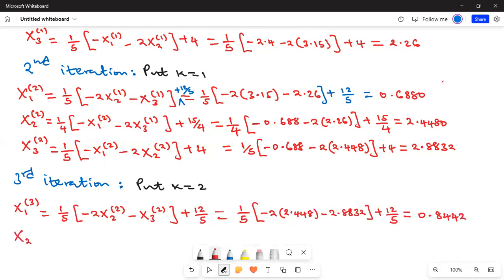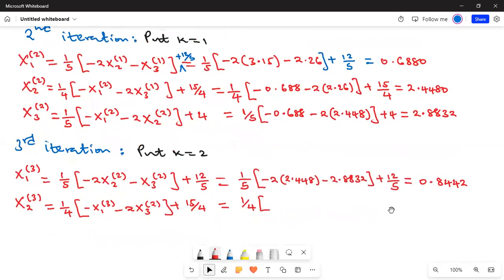Equation 2, x2 at level 3, that is 1 over 4 times negative x1 at level 3 minus 2x3 at level 2 plus 15 over 4, that is 1 over 4 times negative 0.8442 minus 2 times 2.8832.